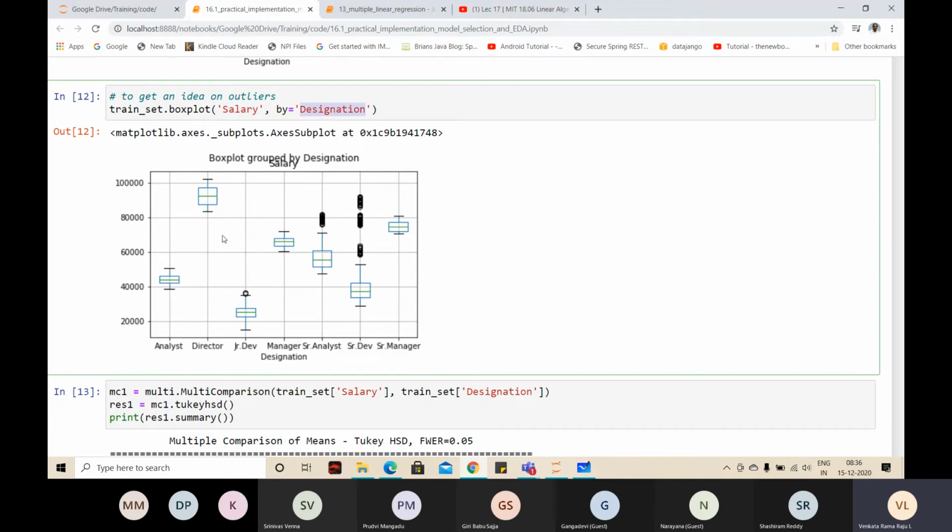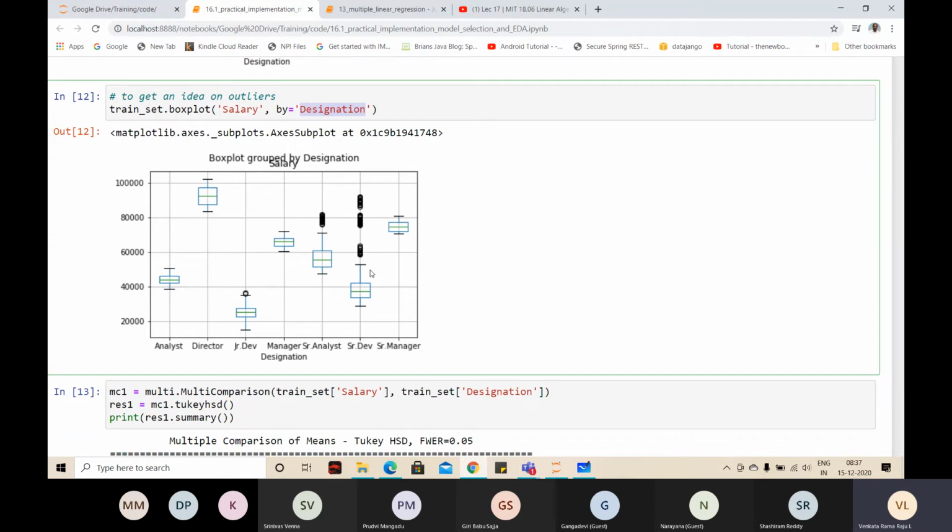It groups the data by designation: analyst group, directors group, junior developers group, managers group, senior managers group. It takes the salaries and draws the box whisker plot for each group, showing median, maximum, minimum, all that stuff.